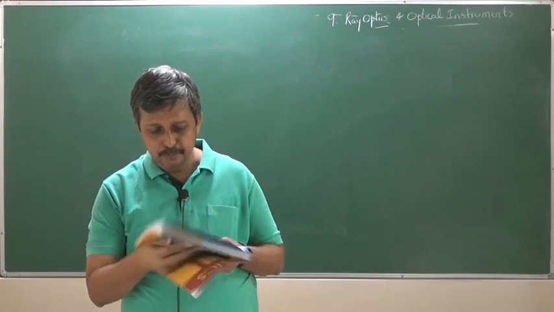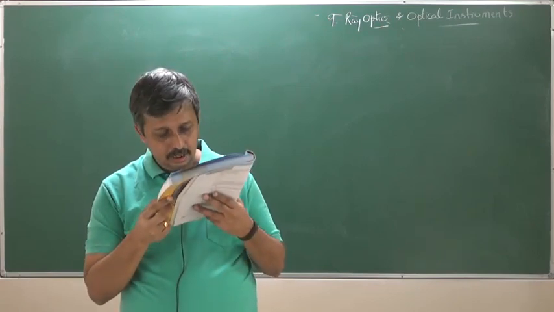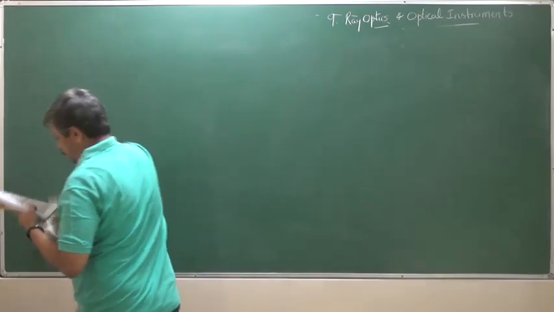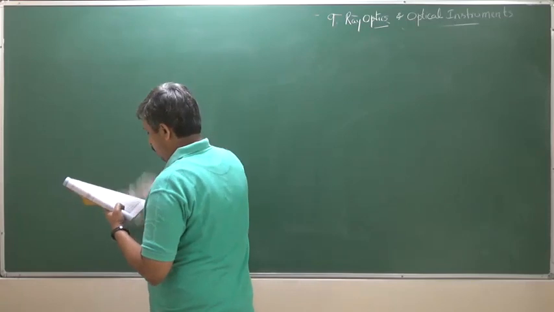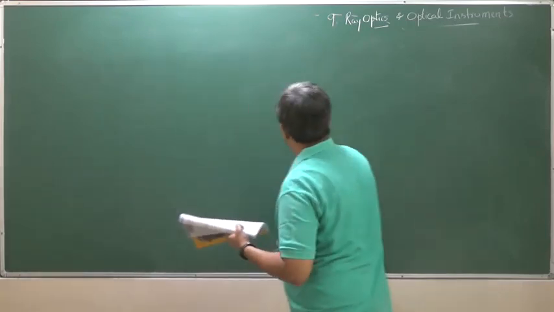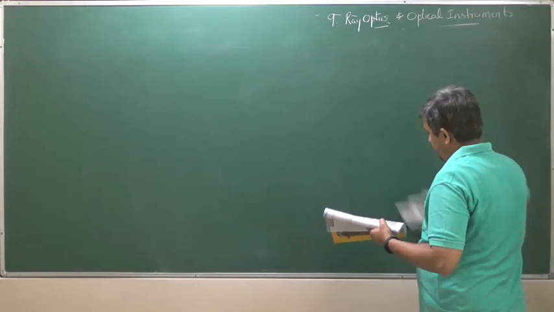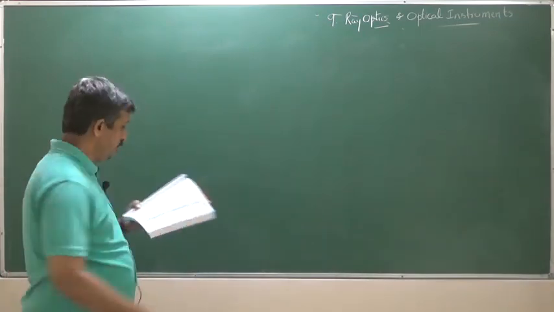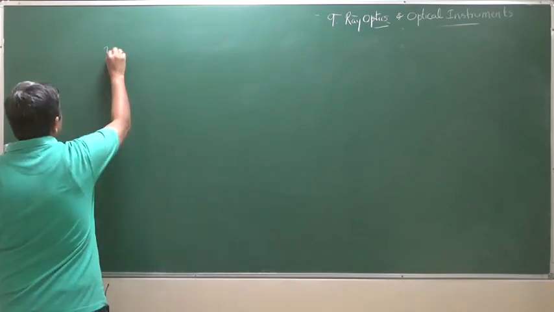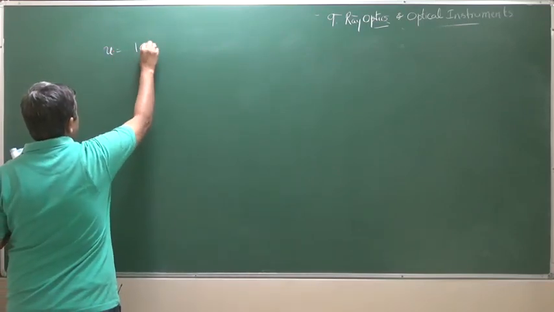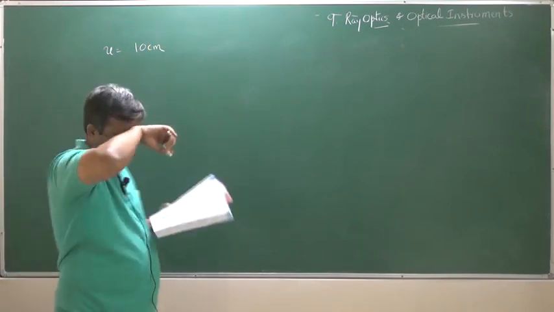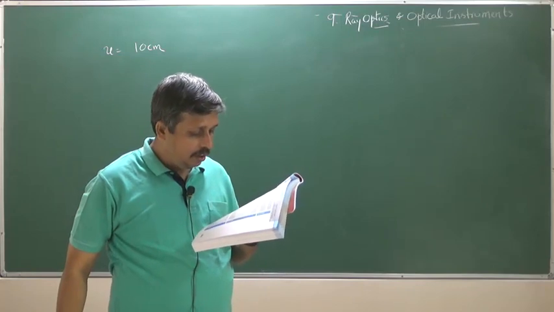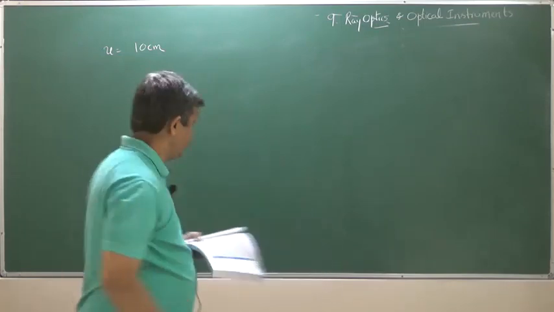An object is placed at 10 centimeters in front of the concave mirror, which means u is equal to 10 centimeters, of radius of curvature 15 centimeters.